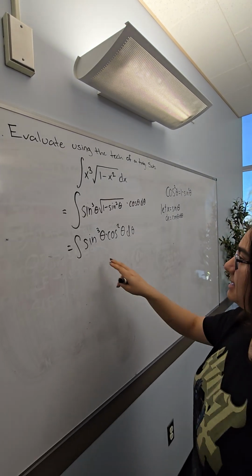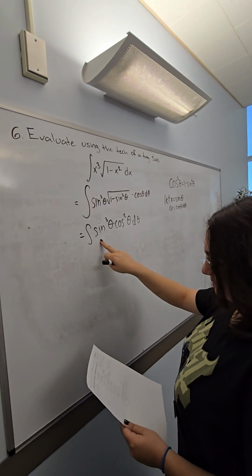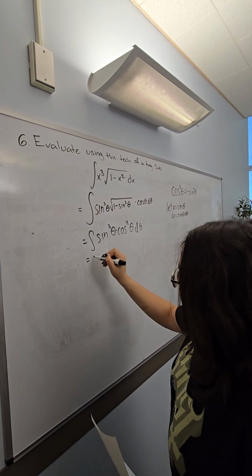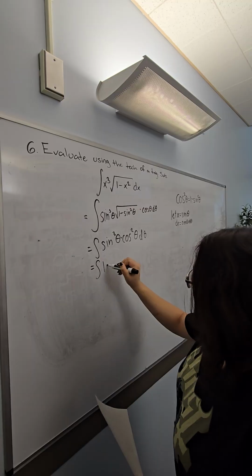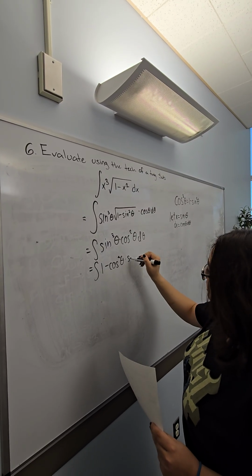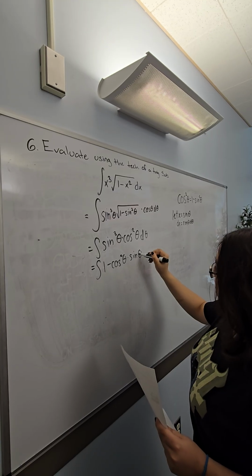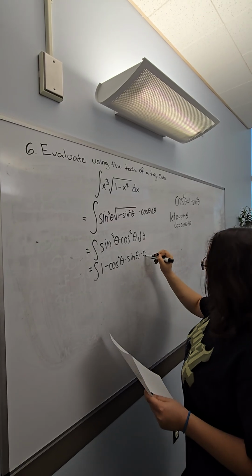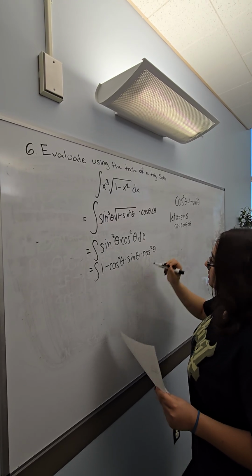This is when you'll take the identity of sine and make it 1 minus cosine squared theta times sine theta times cosine squared theta.